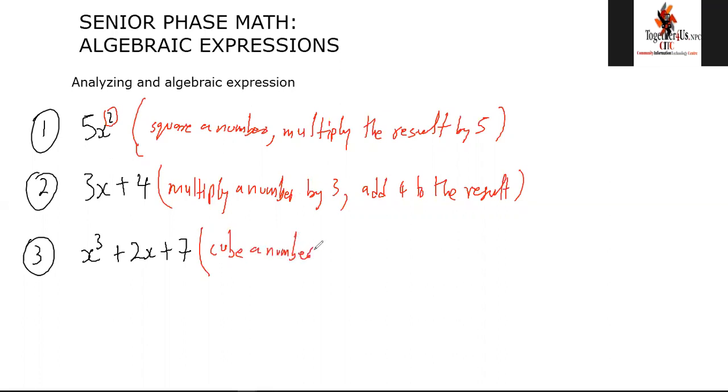That's what 3 means in maths. 3 means cube, and when something is raised to the exponent of 3, we say it's a cube. Don't worry about that. We will get there very soon. I'm just introducing this language. Cube a number.